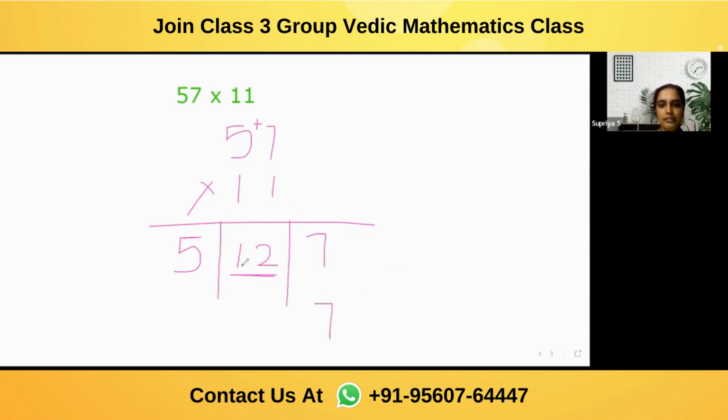So here I have two numbers. So this is my right hand side number and this is my left hand side number. So I'm keeping this right hand side number as it is and I'm shifting this left hand side number towards here. And I'm adding this number to this 5. So 5 plus 1 will become 6. So my final answer is 627.